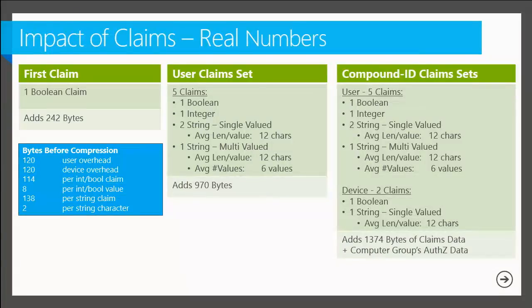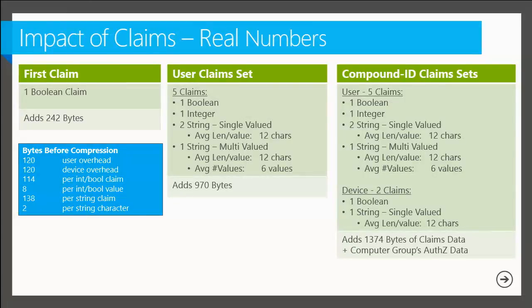Now, compound ID gets a little bit more complicated because the device adds overhead, and the computer the device comes with its own groups as well. So we add a bit more information here. If you add another Boolean and another string claim on top of it, we add about 1,400 bytes of claims data, and of course the computer's groups data as well.